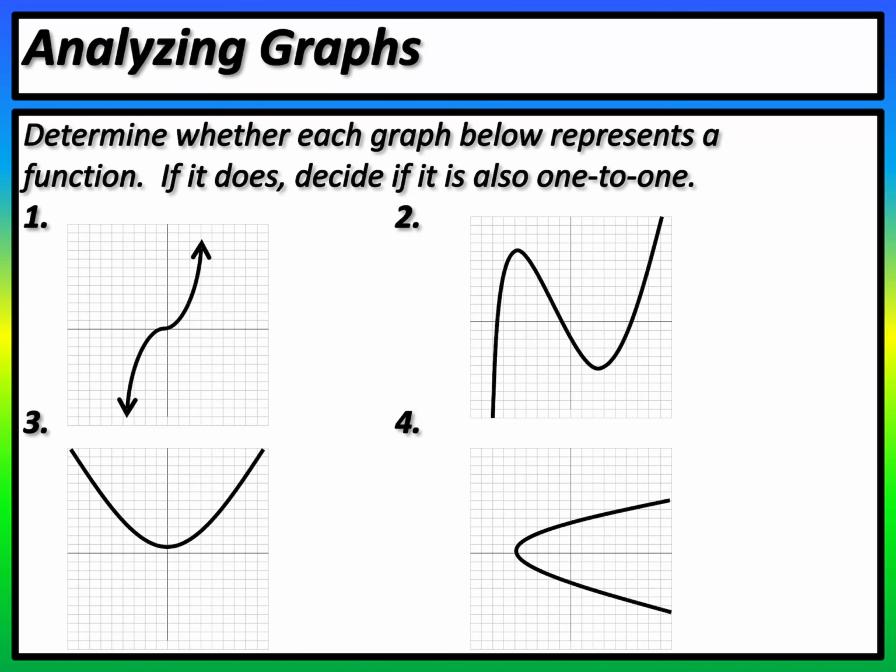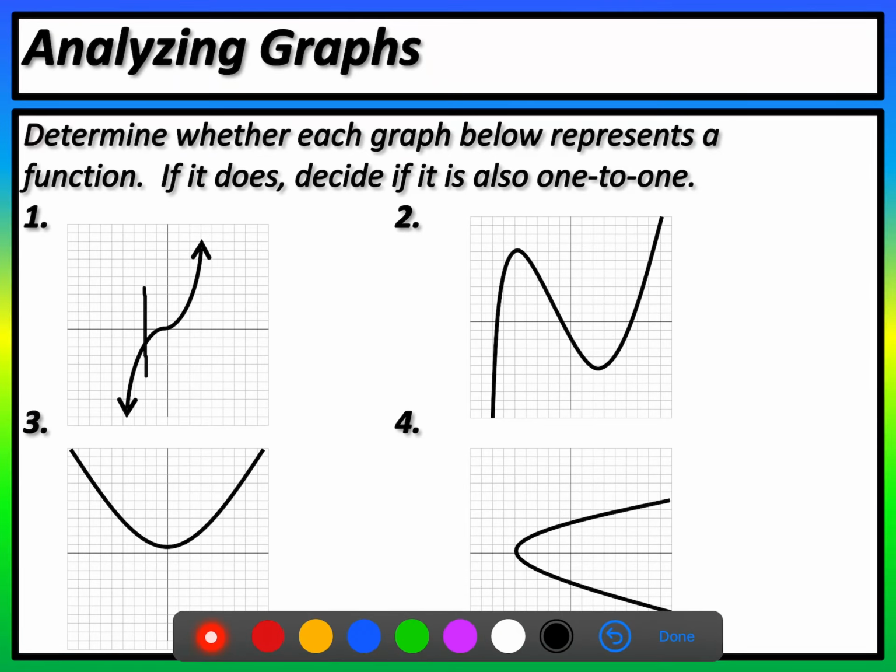Looking at each of these, if we perform the vertical line test, we see that that is a function. And if we do the horizontal line test, you see that that's also one-to-one.